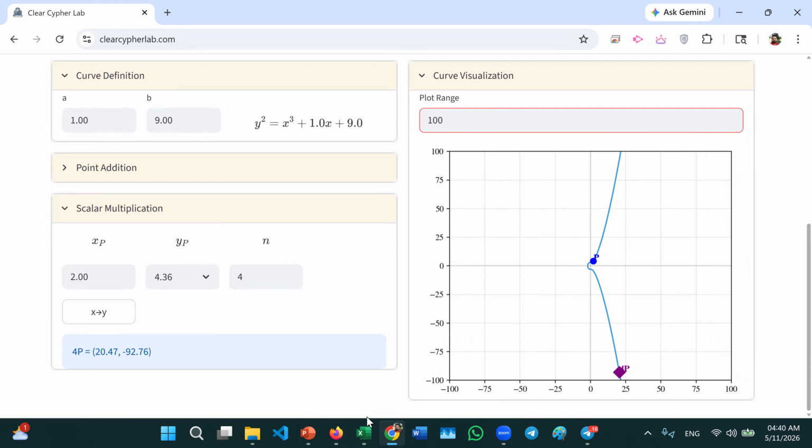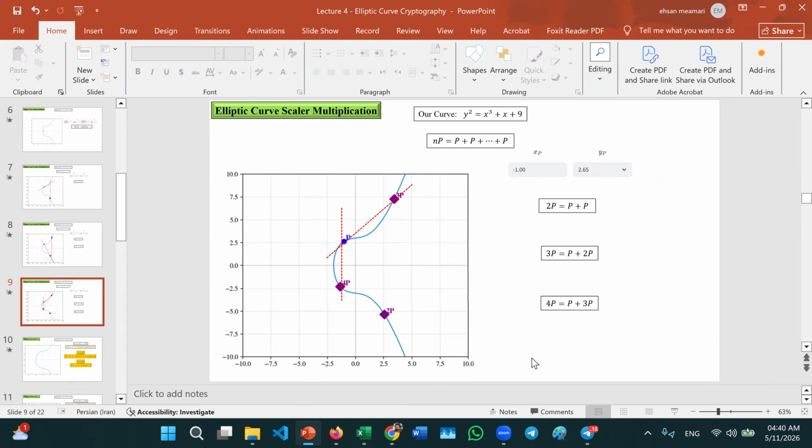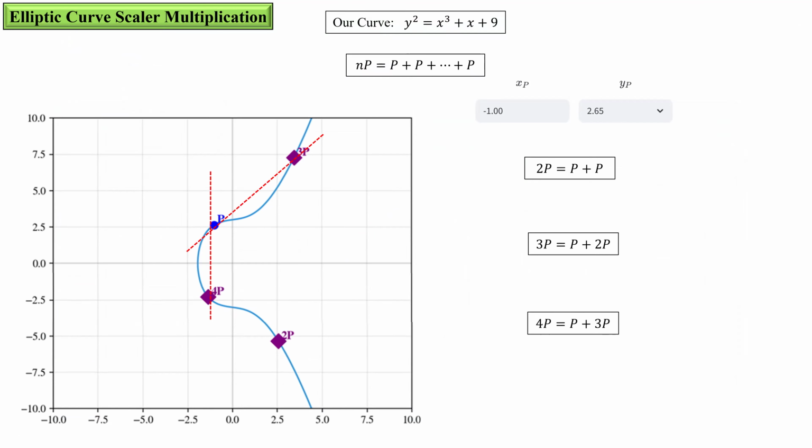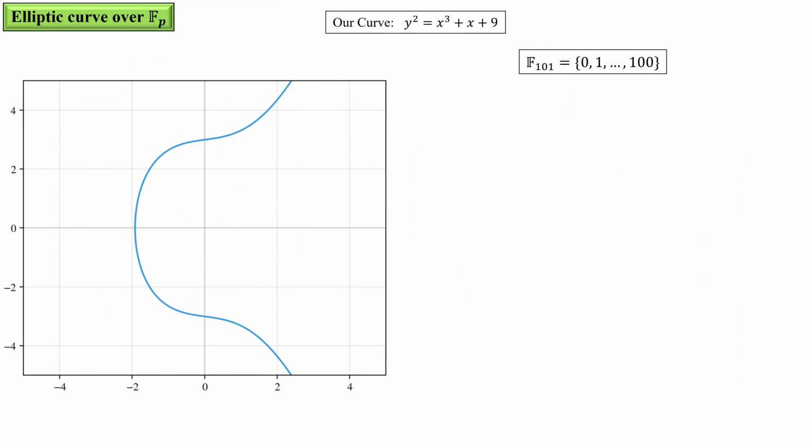Okay, so this is everything about the elliptic curve, and also addition of 2 points and scalar multiplication. Now we want to switch from the continuous form into discrete form, and then use the discrete form for cryptography.